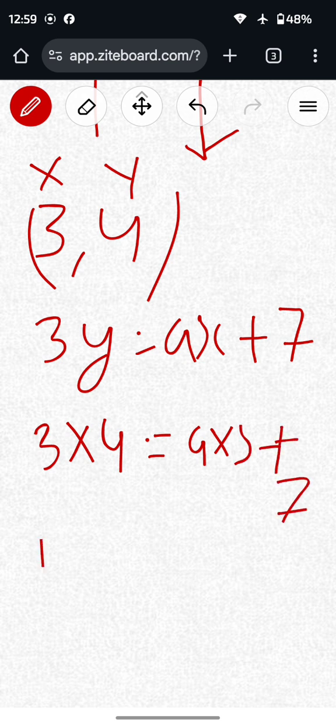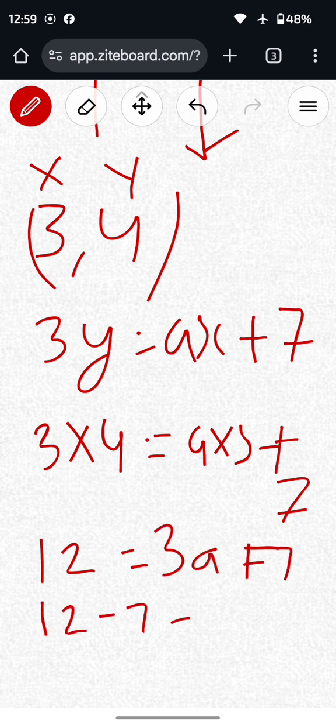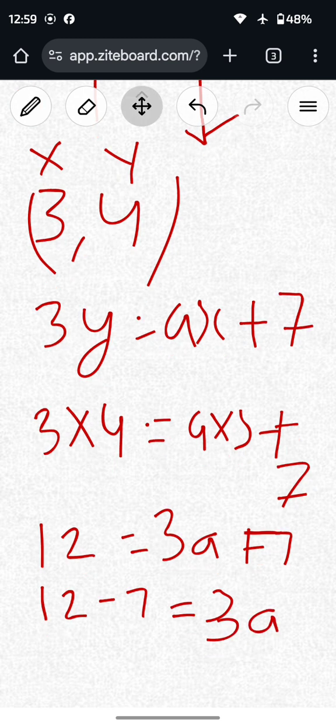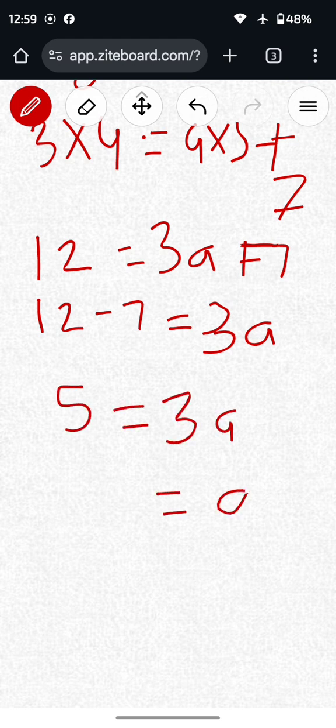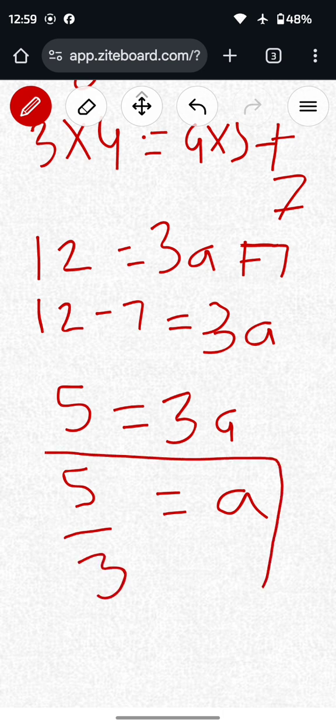So this will become 12 equal to 3a plus 7, 12 minus 7 equal to 3a. So 5 equal to 3a. So the final value of a will be 5 upon 3. This is the value of a.